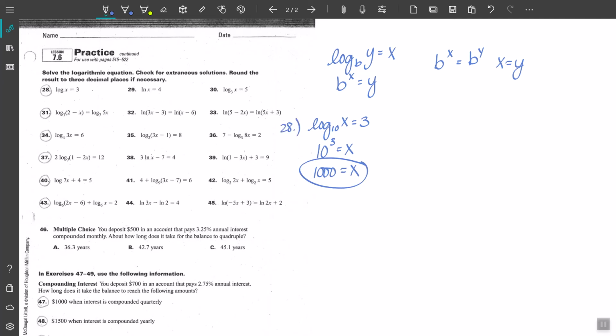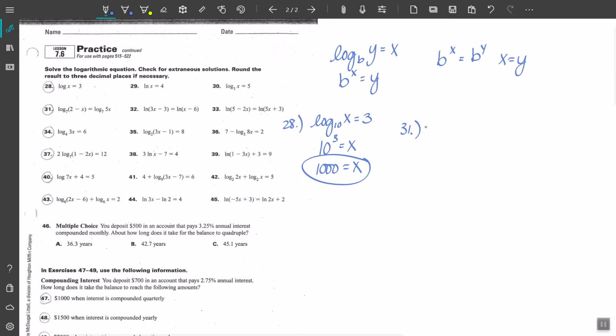On 31, here is where we can use this definition up here, and I'll show you how. It's sort of indirectly using that definition, but we've got the log base 7 over here on the left side, and we also have log base 7 on the other side.